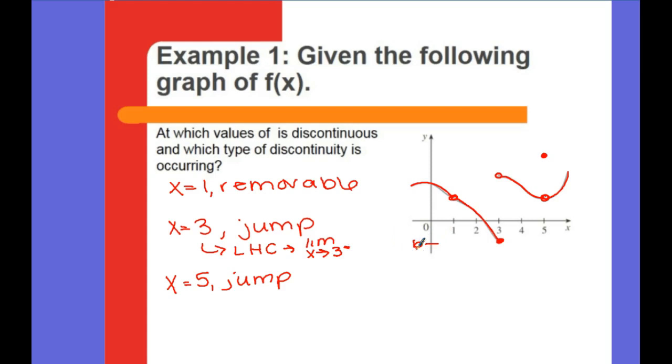It has to equal f(3). The limit from the left has to equal the function value at 3, and they both have to equal b, whatever b is.